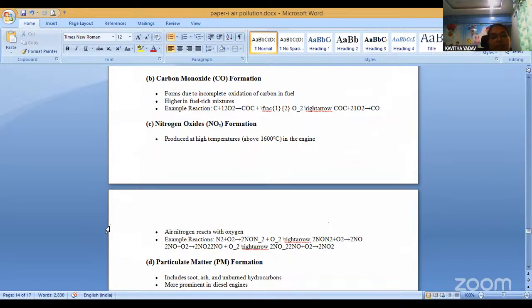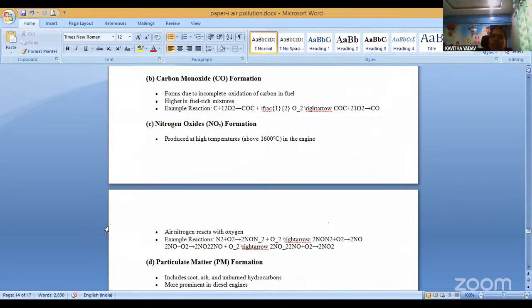The example reactions: N2 plus O2 gives rise to 2NO, 2NO plus O2 gives rise to 2NO2.